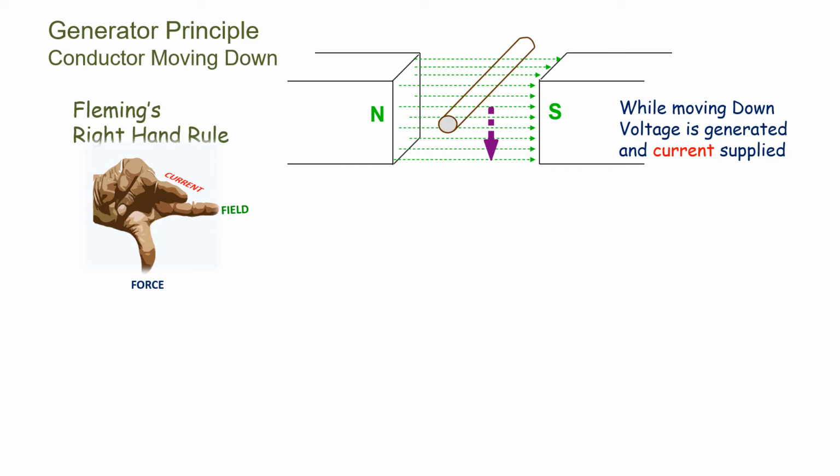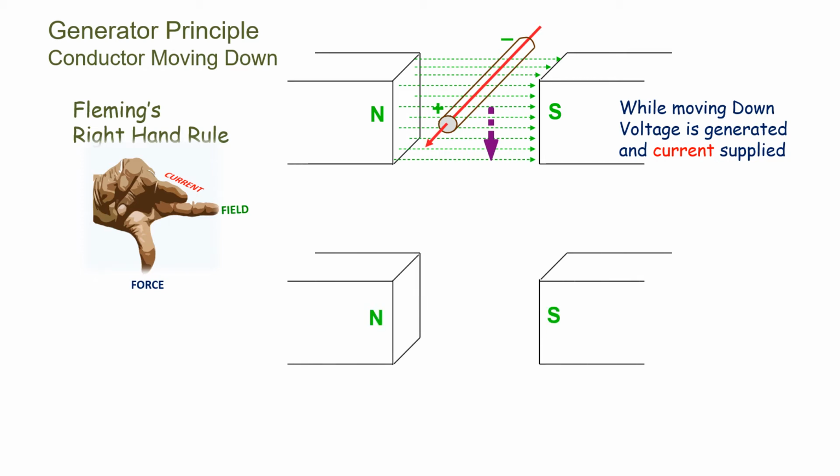Show the thumb downwards in the force direction, the first finger in the magnetic field direction towards right. The second finger shows the current coming towards outside. So the generated current will flow in the conductor towards outside. In agreement with this current, the generated voltage will have the polarity as shown in the figure.